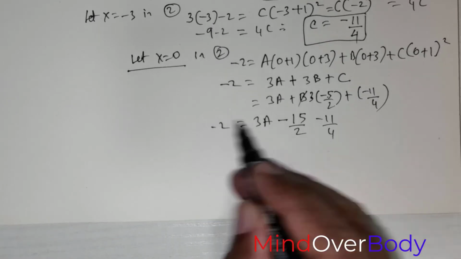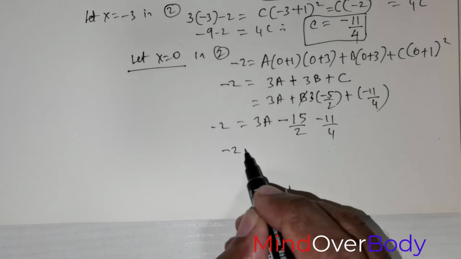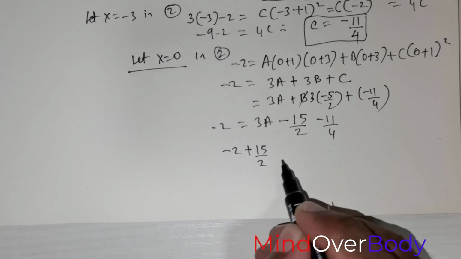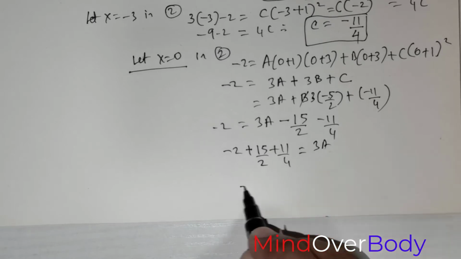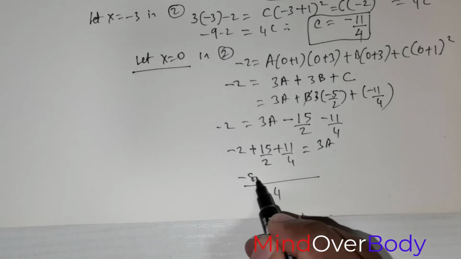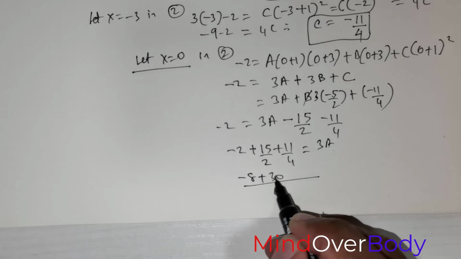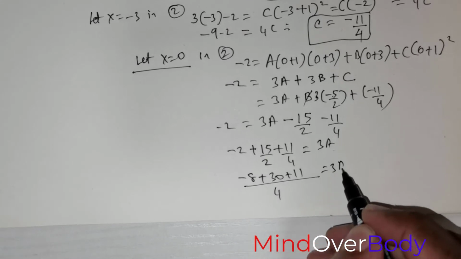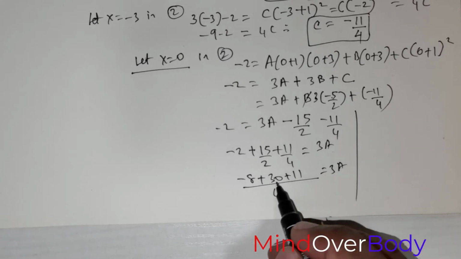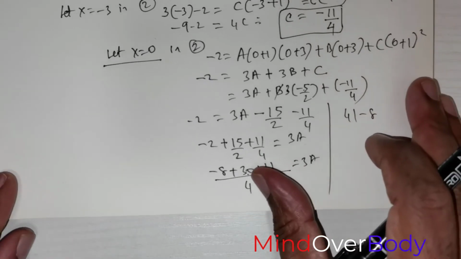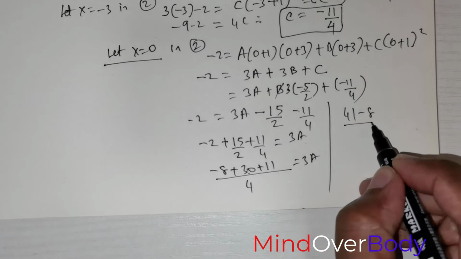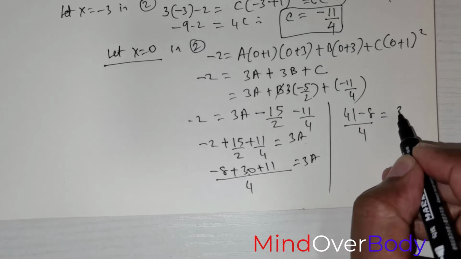Now I need to move everything to the left hand side. So it's going to be negative 2, plus 15 over 2, plus 11 over 4 is equal to 3a. I take the LCM as 4. This is going to give me negative 8, this is going to give me 30, and 11, is equal to 3 times a. So this is going to be 30 and 11, 41, minus 8, and that has to be divided by 4 is equal to 3 times a.